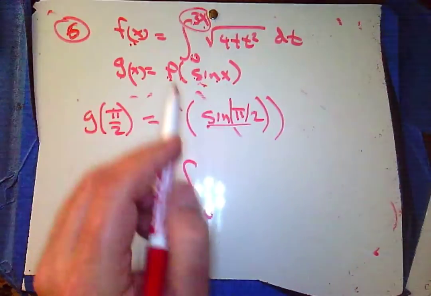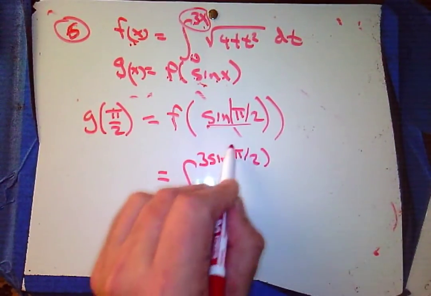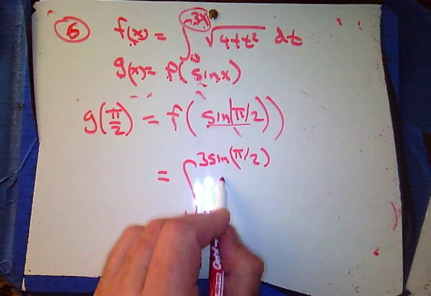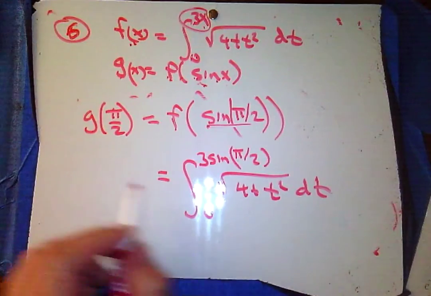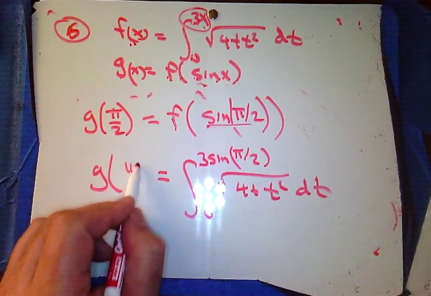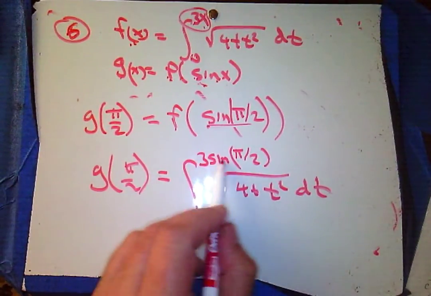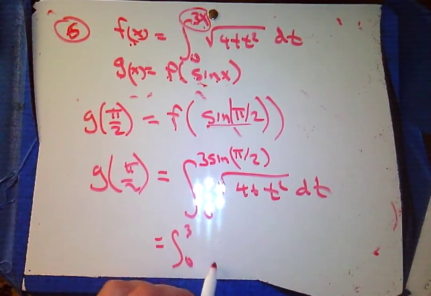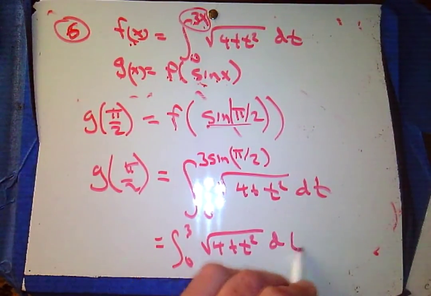Our input goes here. And what goes here is just that stuff, square root of 4 plus t squared dt. That equals g of pi over 2. Sine of pi over 2 is 1, and so really we could tidy this up: the integral from 0 to 3 of square root of 4 plus t squared dt.